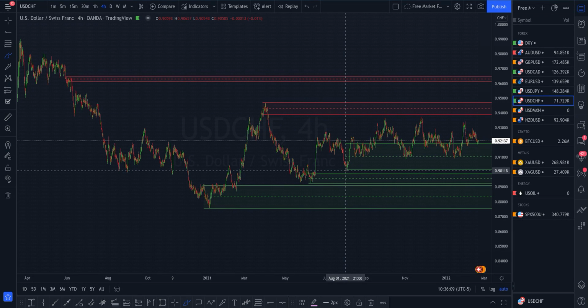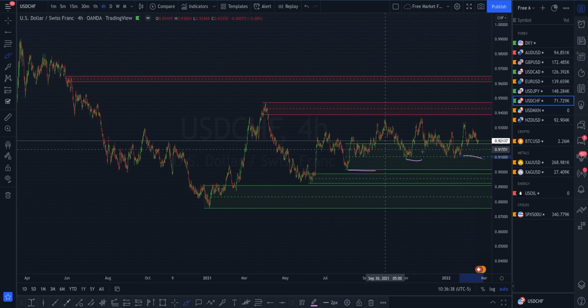So we have a low here. Gosh, I wish I could do a straight line. We got a low here. This low here was not taken out. This high was taken out. We have a higher low here.